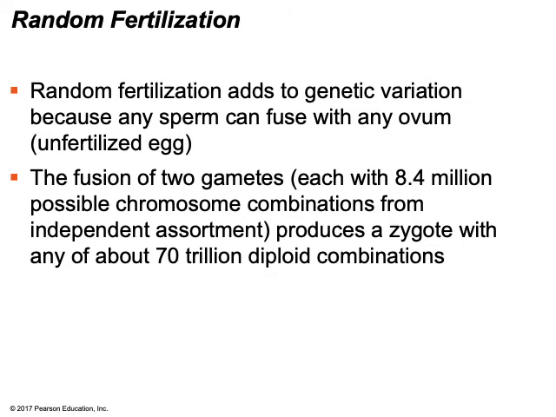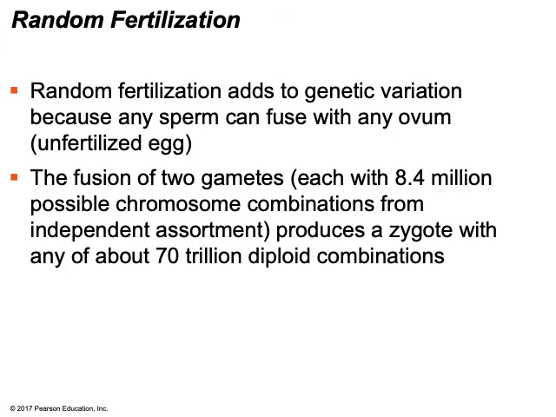So if we take 8.3 million times 8.3 million different options, the chances of two siblings being identical, except for identical twins, and that's a separate issue, is 1 in something like 70 trillion.